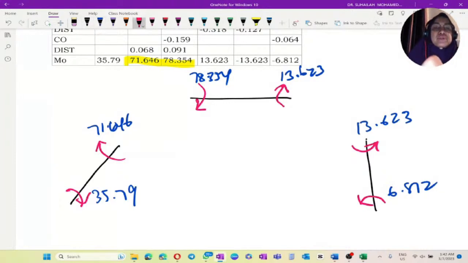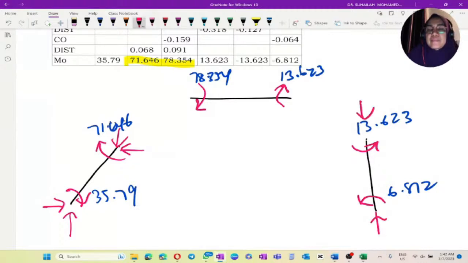Okay, so we put the shear, the horizontal forces and vertical forces like this, and then we have this and this and this and this.